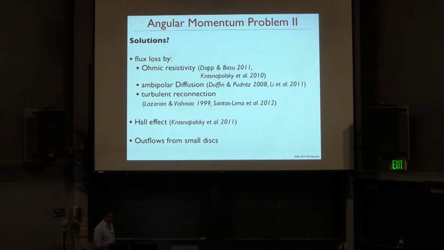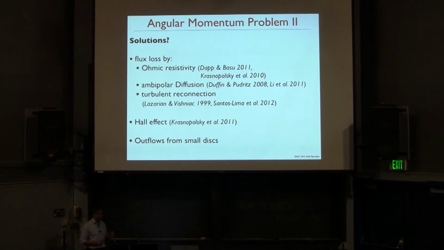Of course, there are a couple of possible solutions. As I told you, one idea is to get rid of the magnetic field, so you lose your magnetic flux. You could do this in principle by ohmic dissipation or ambipolar diffusion, and the process which is termed turbulent reconnection. But again, I have to point out that if you want to do this, this should happen on fairly large scales.